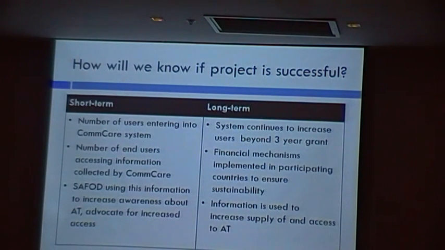And in terms of the long term, the system continues to increase users beyond the 3-year grant. If beyond 3 years the project is sustainable, people, the government, Safod, and all other actors continue to use the ComCare, continue to implement the project, we will know that the project is successful.